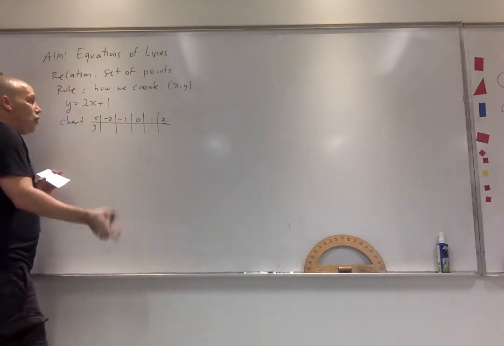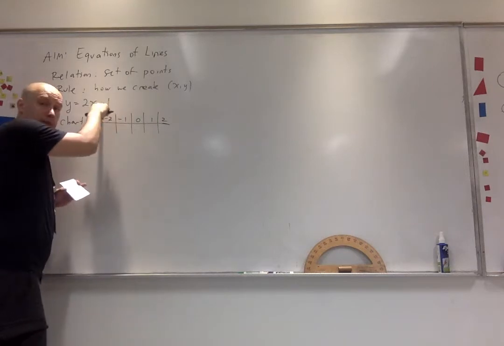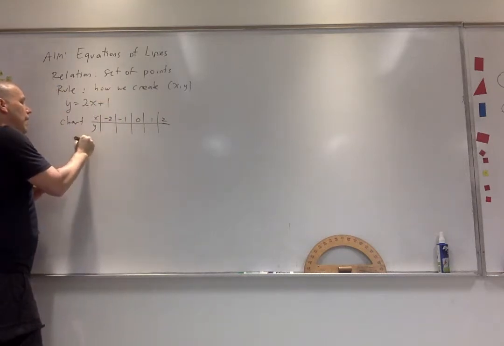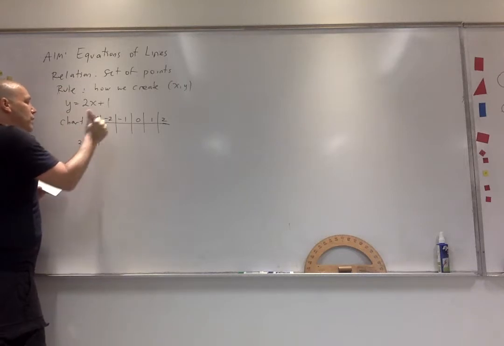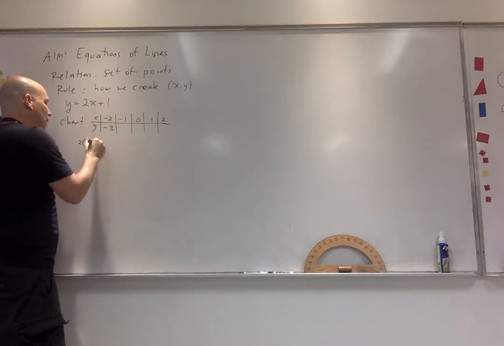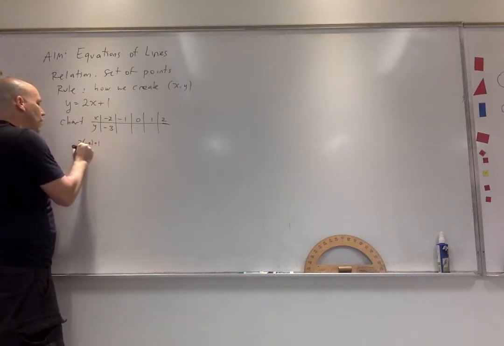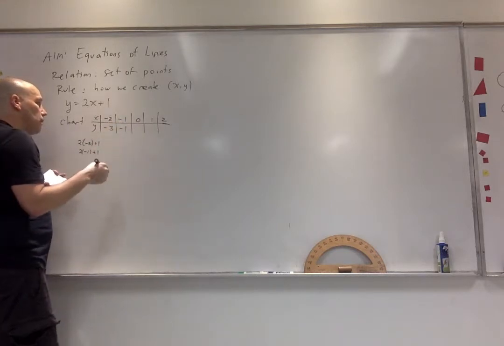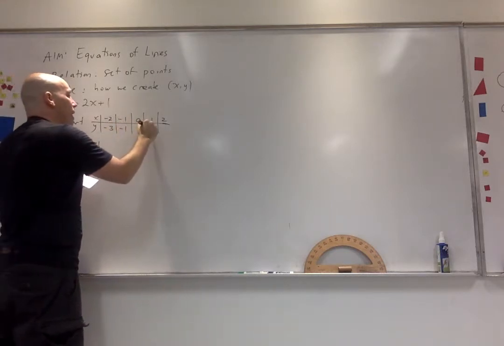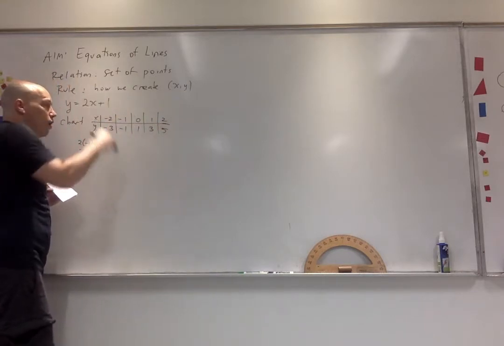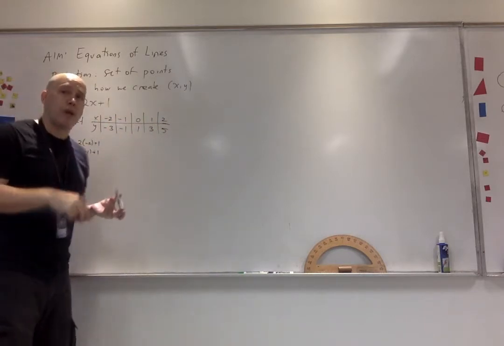We needed to take -2 and substitute it into the rule. So we got 2 times -2 plus 1, that was -3, right? And then 2 times -1 plus 1 gave us -1, and then 1, and then 3, and then 5. When we plug 0 into the rule, 2 times 0 plus 1 is 1.